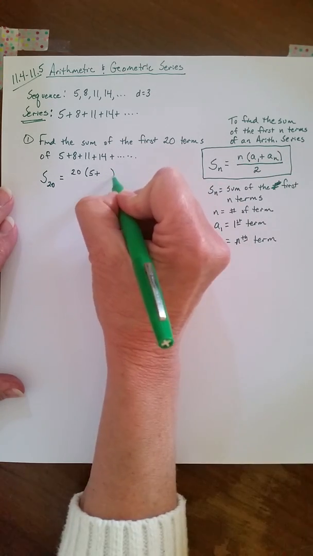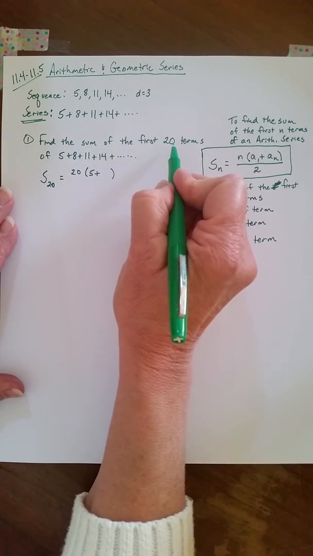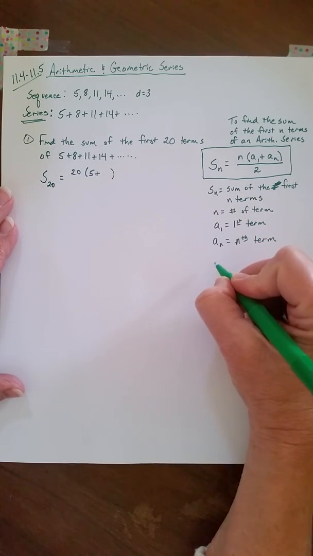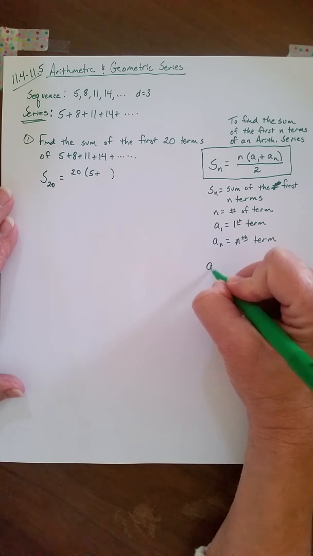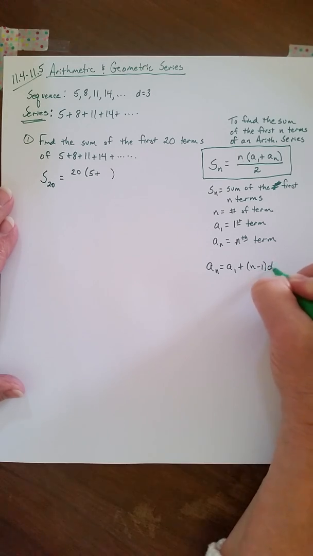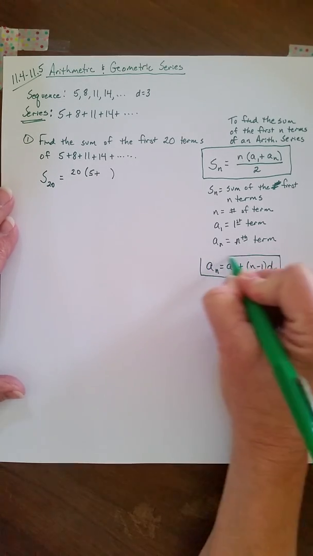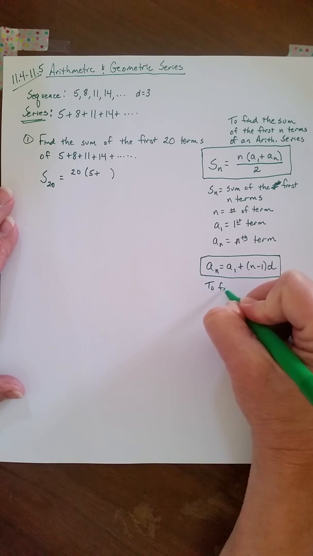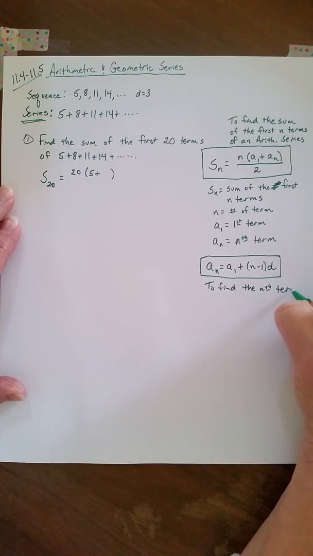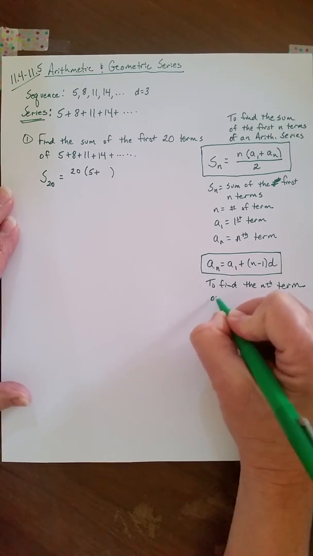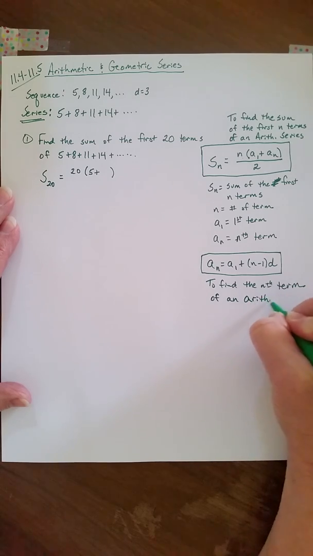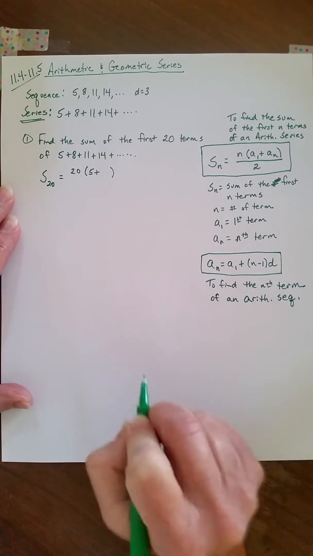So we need to find the 20th term. So we're going to go back here and remember that to find the 20th term, we use the formula a sub n equals a sub 1 plus n minus 1 times d. Remember that this is to find the nth term of an arithmetic sequence.